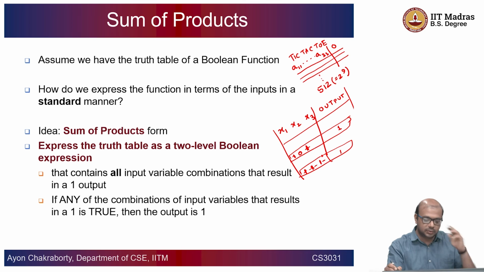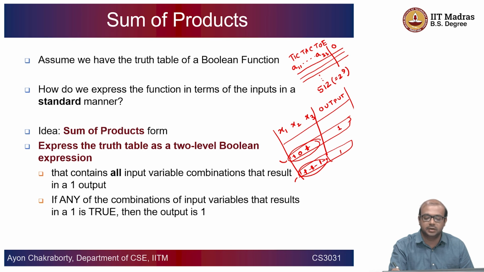So we are going to pick up rows that end up in a 1 in the output, and any input combination that results in a 1, which is either this or this, will result in 1. So basically it's a logical OR of this input combination or this input combination.